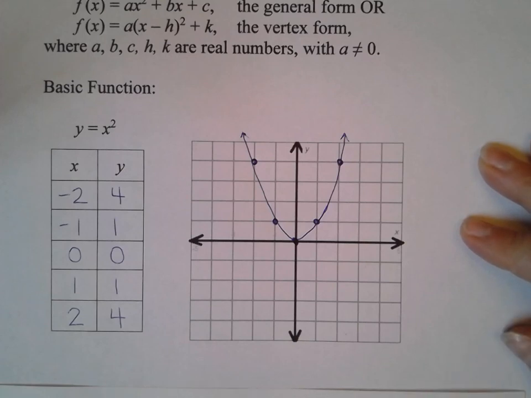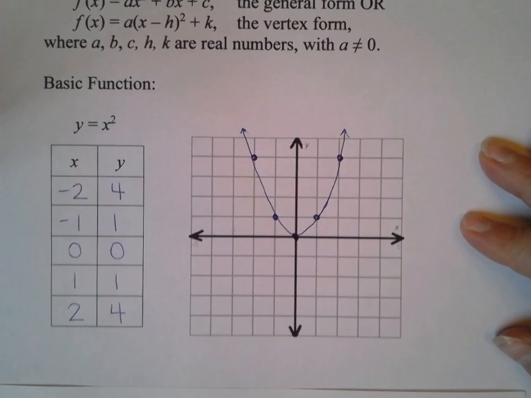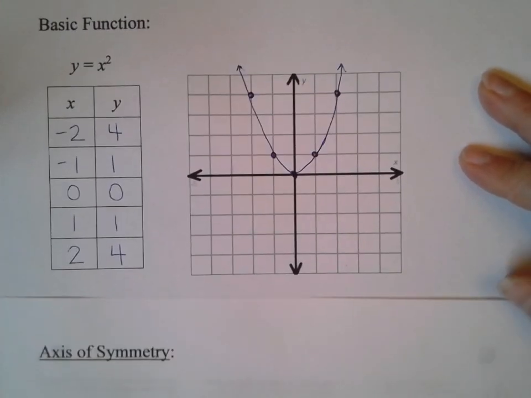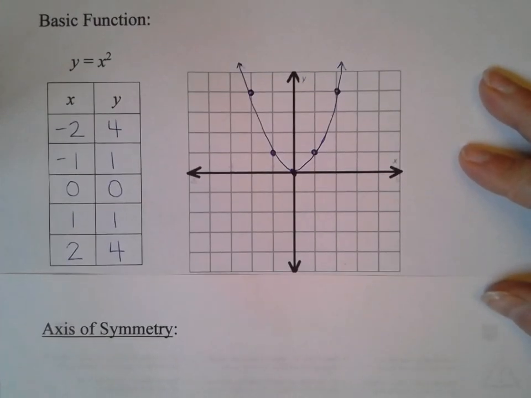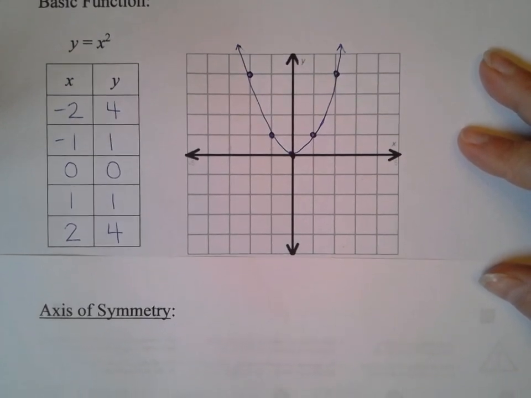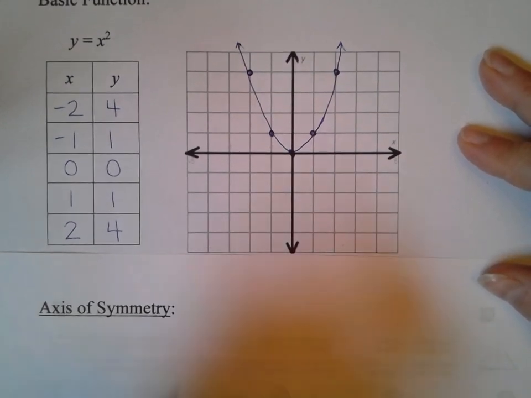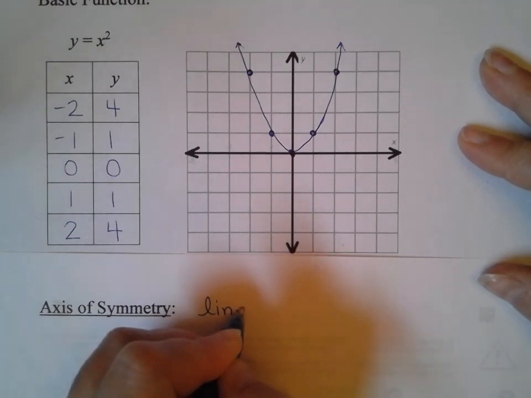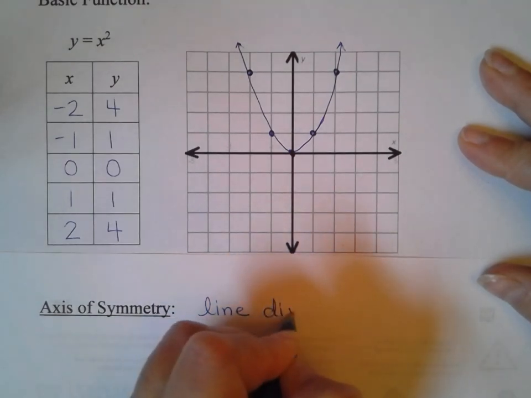So there are some important features of this graph. I want to kind of point those out to you if I can. The first one is called the axis of symmetry. The axis of symmetry is the line dividing the parabola in half.